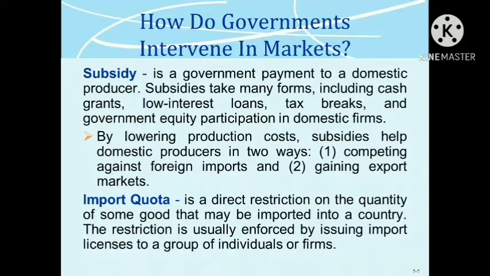One is competing against foreign imports, and the other is gaining export markets. While the purpose of the subsidy was to help survive a very difficult economic climate, one of the consequences was to give subsidized companies an unfair competitive advantage in the world industry.